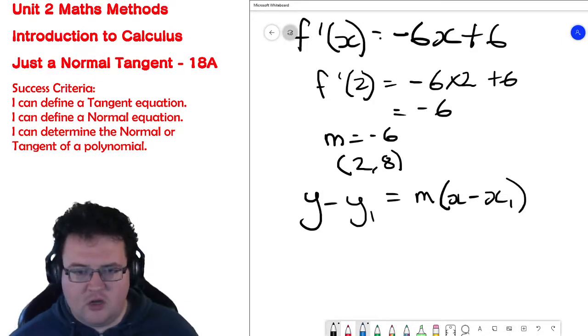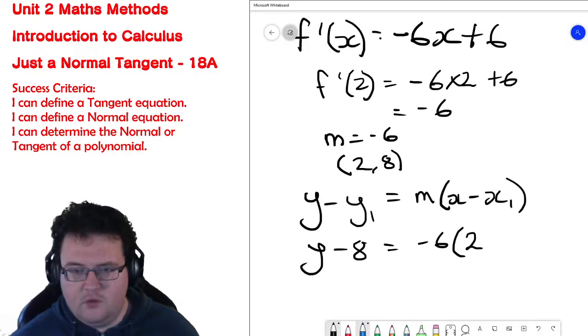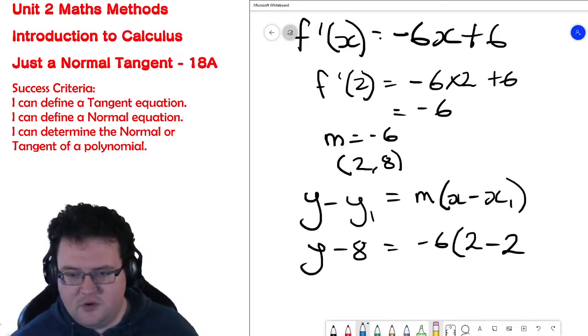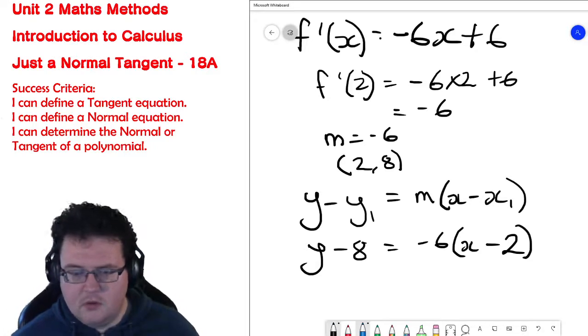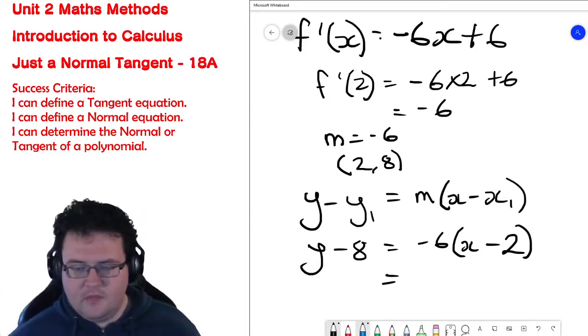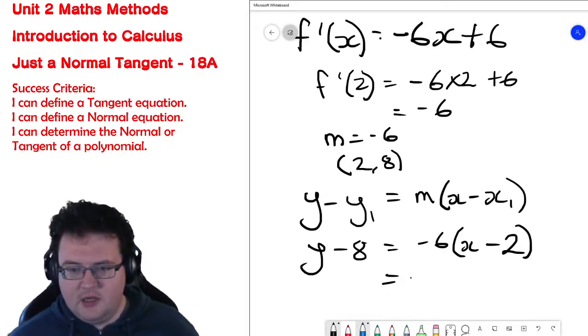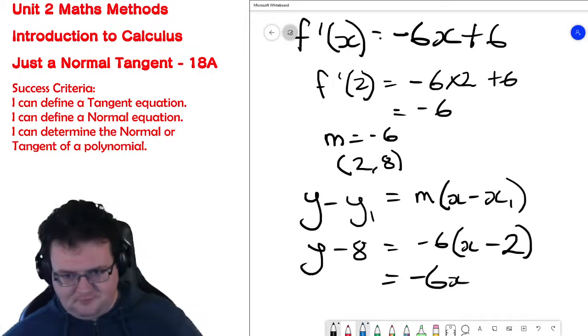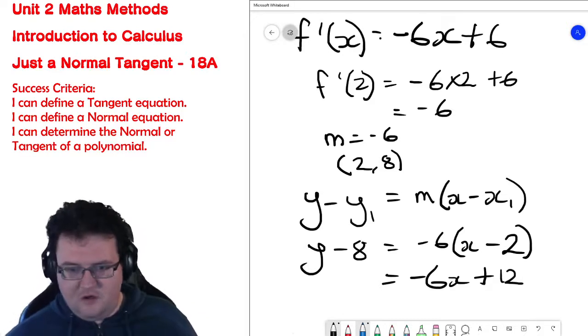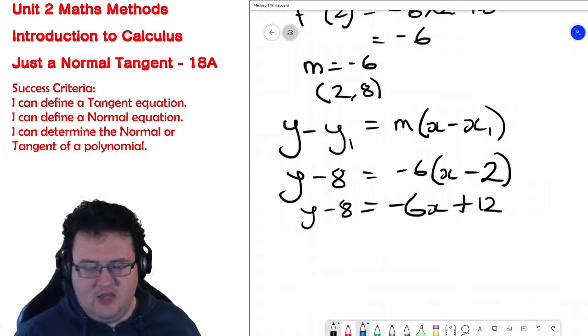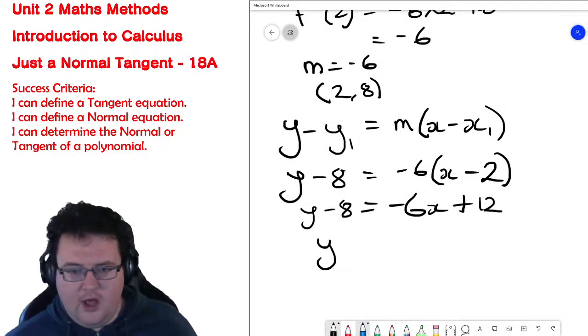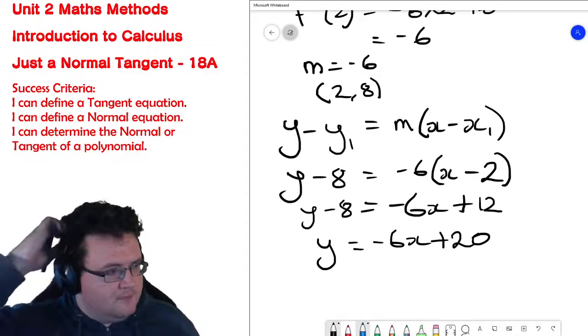We whack in what we've got, so that's y minus 8 equals negative 6 (x minus 2). Expand the right-hand side: negative 6x plus 12. Add 8 to both sides, and we get the equation y equals negative 6x plus 20.